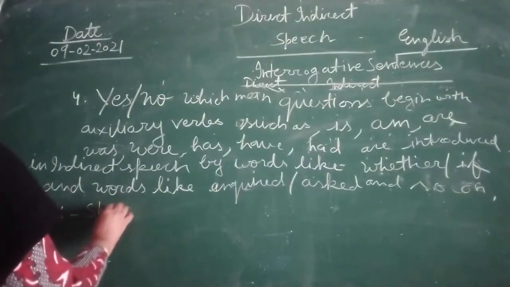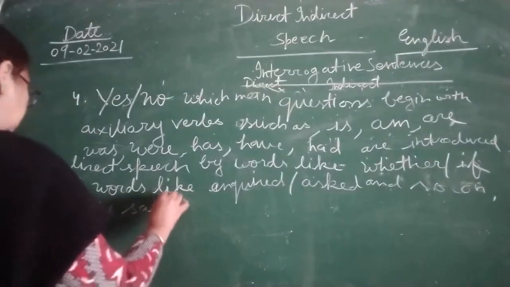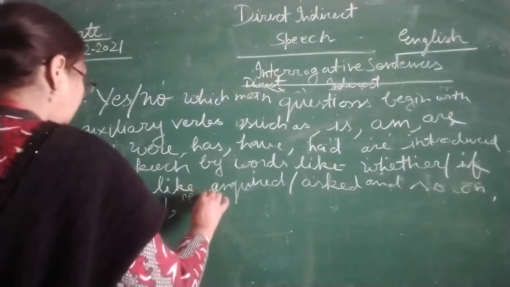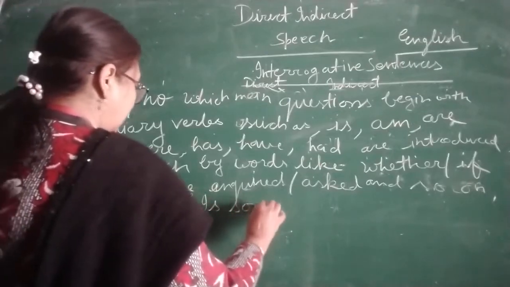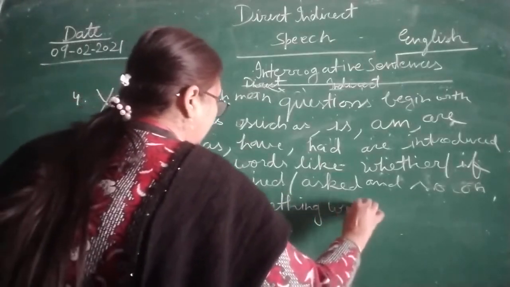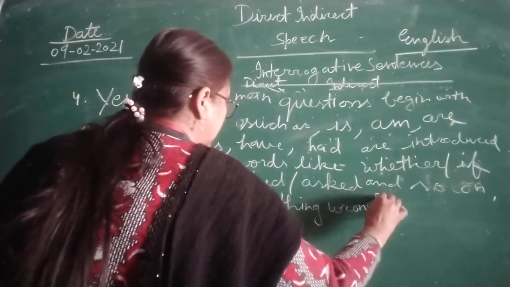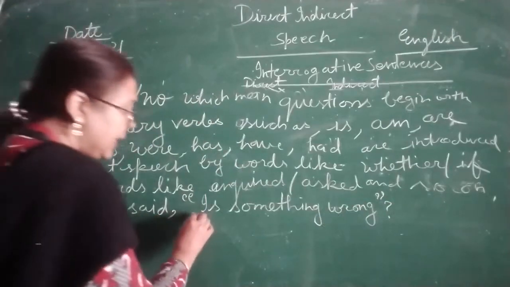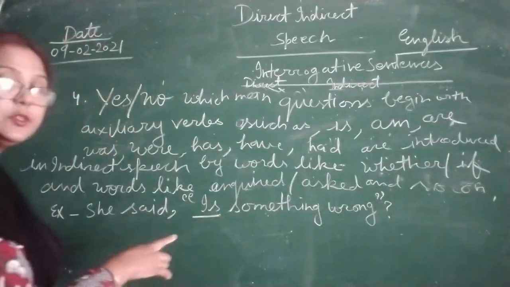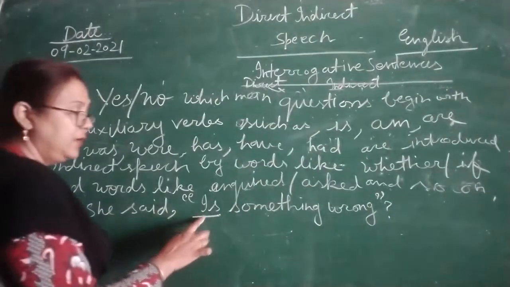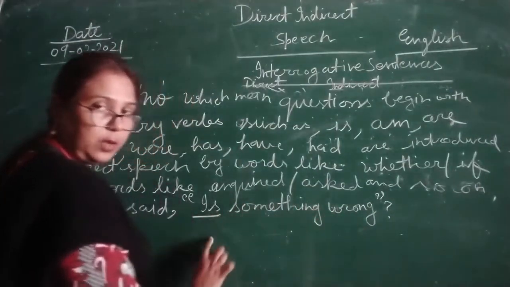She said, comma, is something wrong? So children, here you can see, is something wrong? The question mark is there. Here you can see, children, is is an auxiliary verb and we are starting the sentence with an auxiliary verb. Okay.